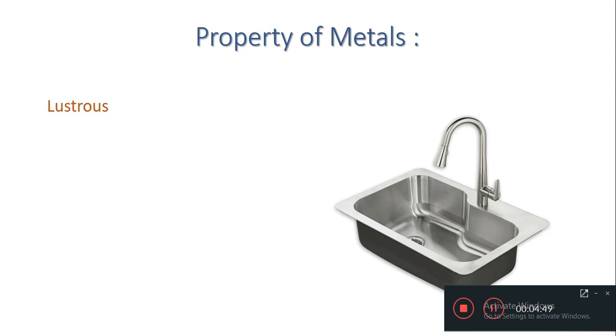You see the entire sink has this silver surface. However, it is shiny and it looks very new. This is a typical property of a metal that we all want to look at. Metals have shiny surfaces in general.